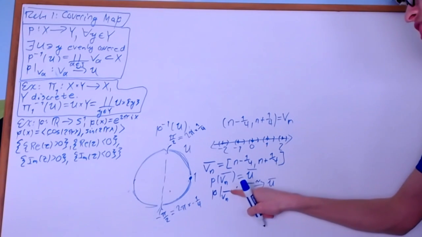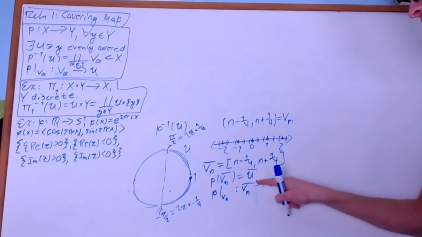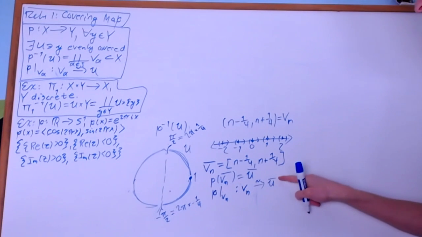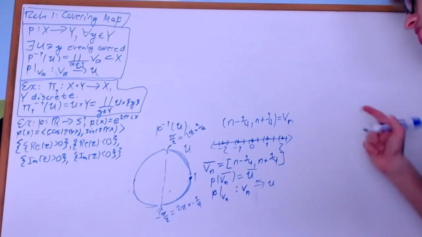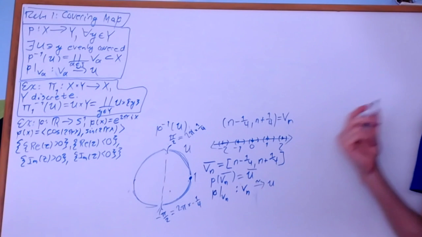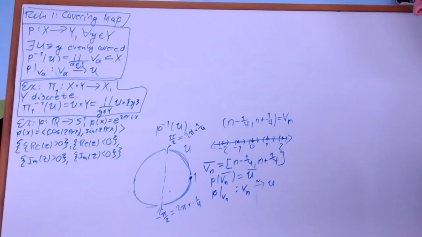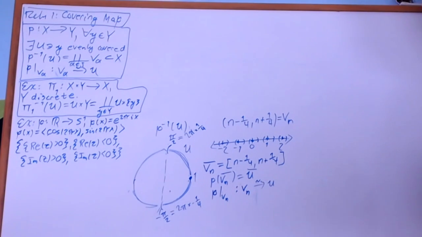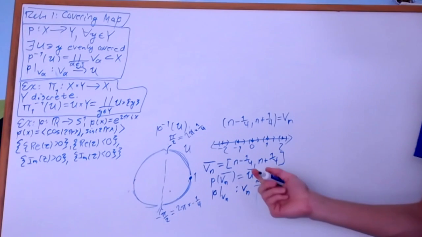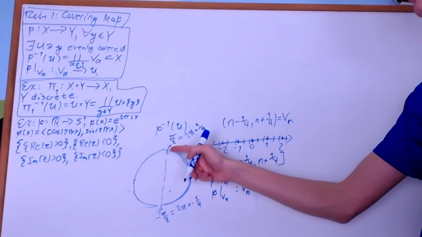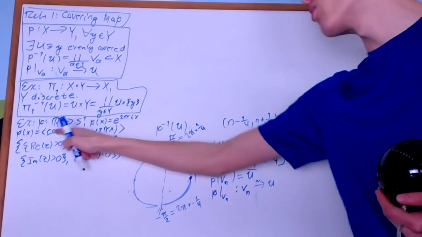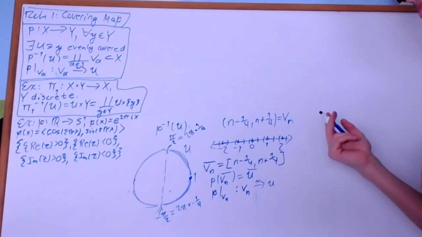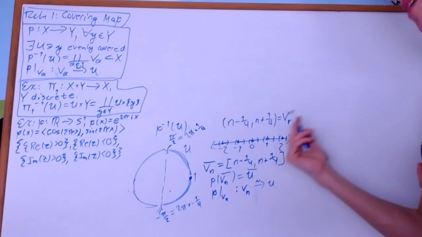We can restrict it to just Vn, and then we get Vn mapping surjectively onto U, and because that's a restriction of a homeomorphism, it is a homeomorphism itself. And so P restricted to Vn, from Vn to U, is a homeomorphism. And then you can do a similar thing for each one of these intervals, because either sine or cosine will be strictly monotonic and thus injective, and obviously surjective.